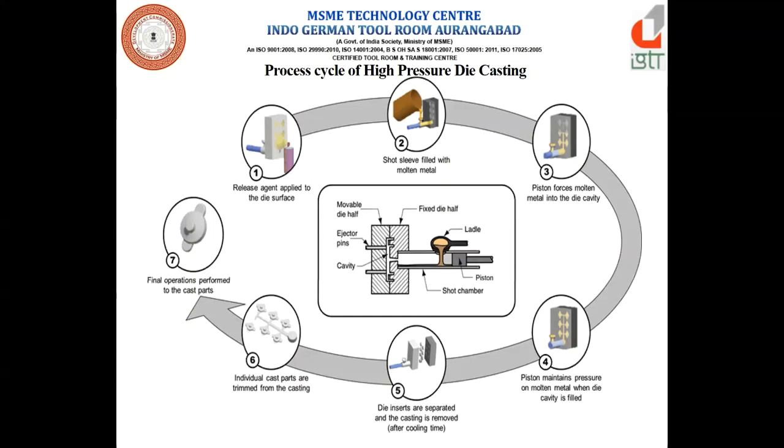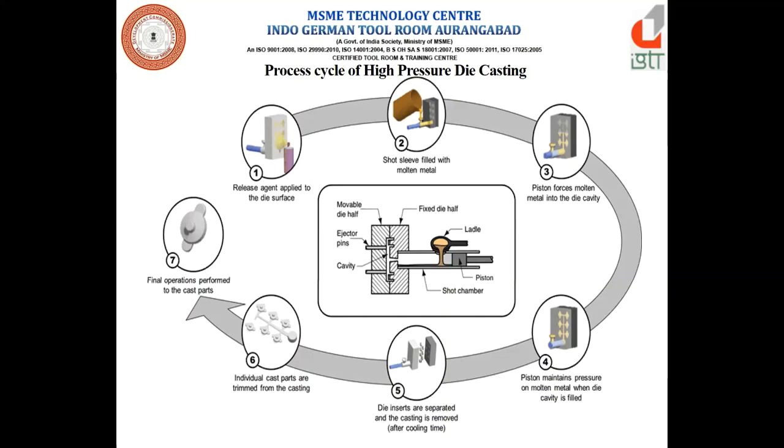After the releasing agent is sprayed on the die surface, our next cycle starts, and that is the clamping process. Both platens of the machine will clamp. Once the clamping process is finished, our next process of filling the shot sleeve with the molten metal will start.